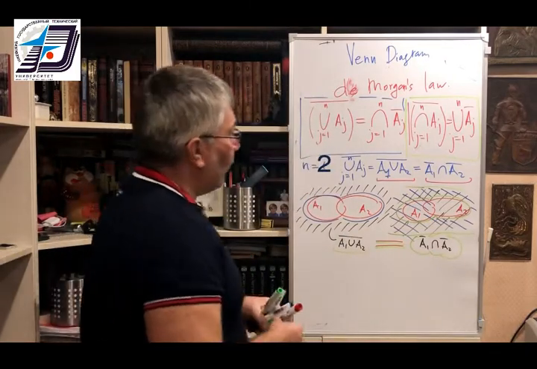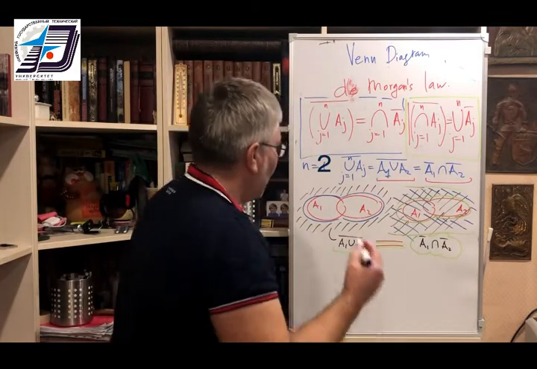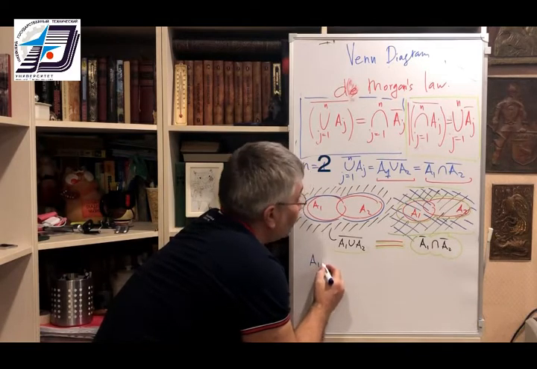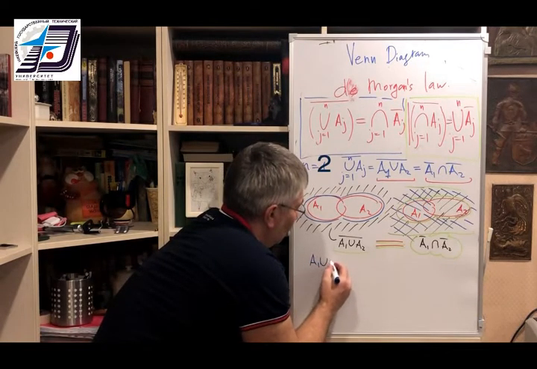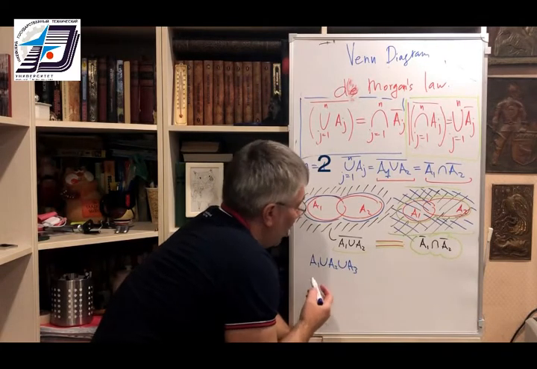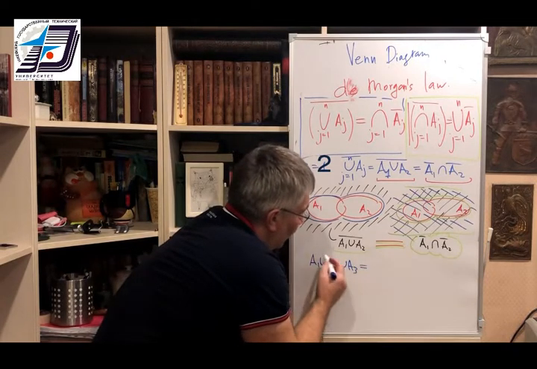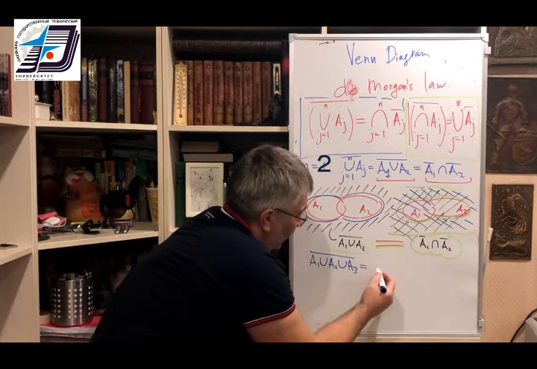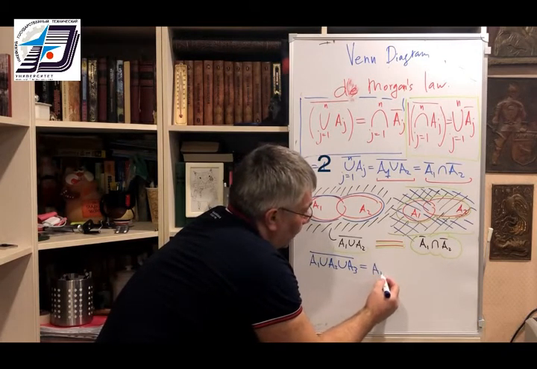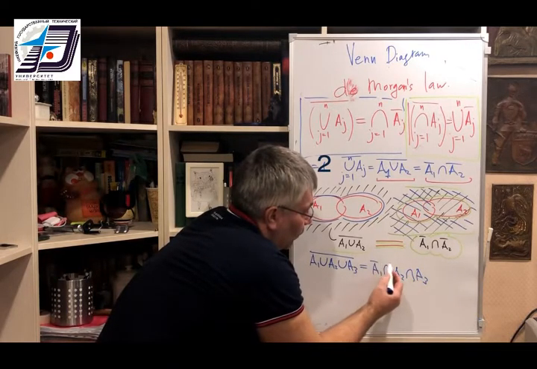Okay, so for example, we can add one extra set here. We can use A1 or A2 or A3, negation, equals negation of A1 and negation of A2 and negation of A3.